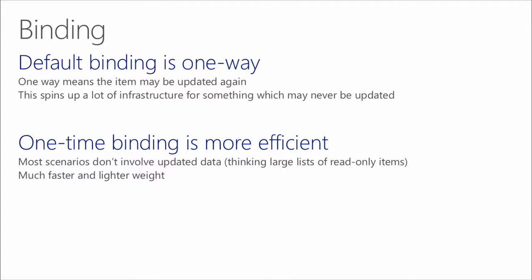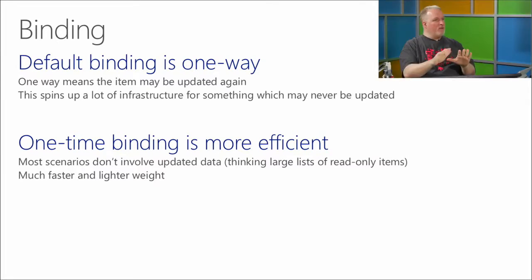So I'm going to jump right in here to some XAML stuff, because that's what I do. If you're looking at binding performance in XAML, I like MVVM as a pattern. I like data binding as well, but I do know that there can be a performance cost to that. And the default binding in XAML is one way. If you think about how that works, that means that the UI will always be looking for updates from the underlying objects.